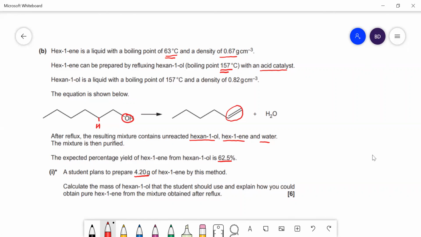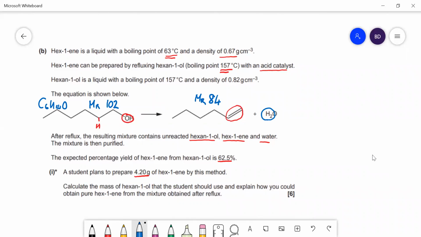The Mr of hexan-1-ol is going to be 102, and it's C6H14O. A quick way of doing this: hex-1-ene is going to be 18 lighter because it's lost a water molecule, so the Mr of that is 84. 102 minus 18 is 84.